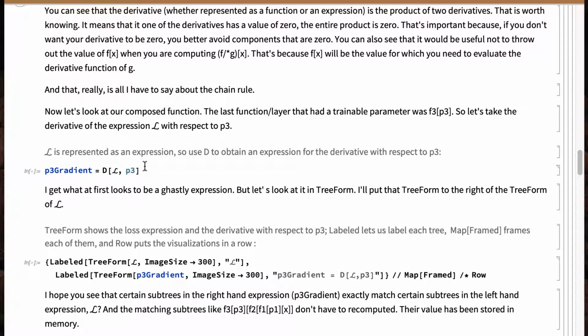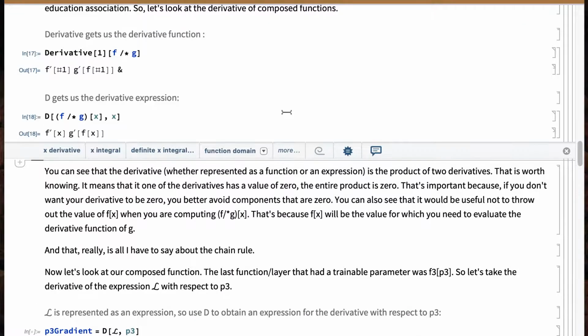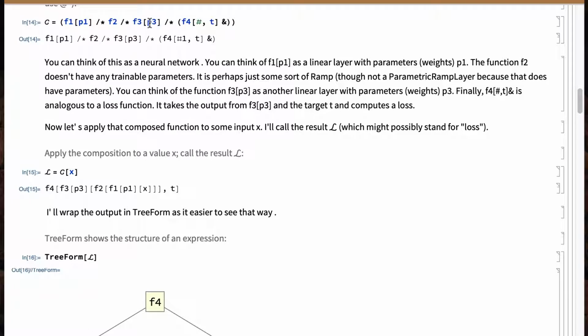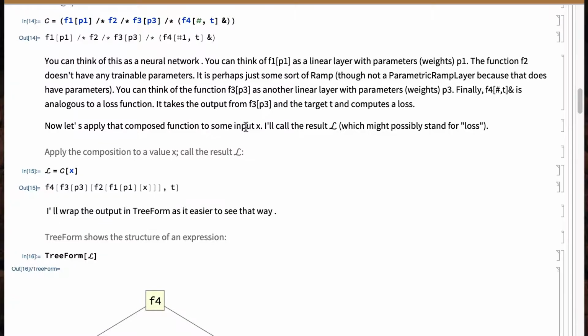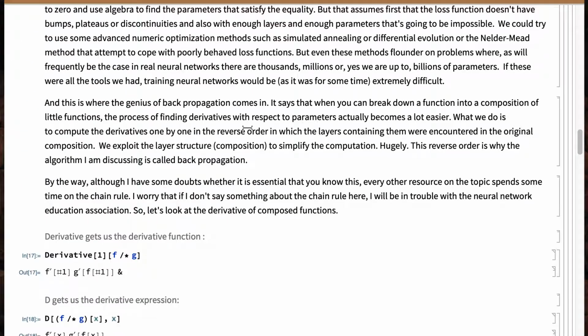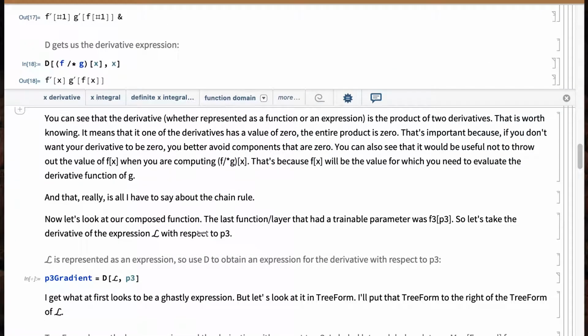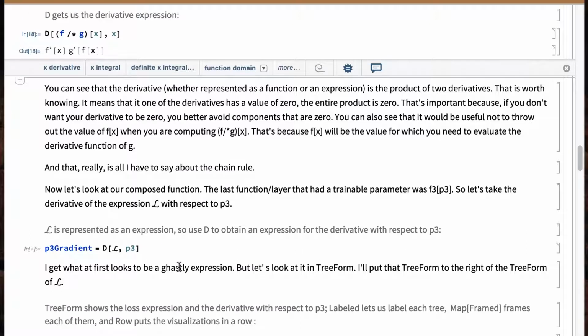Now, let's look at our composed function. And what I want to do is, remember what the last layer of it was? The last layer that had a trainable parameter was f3 of p3. So let's take the derivative of our function with respect to p3. Okay, L is an expression, it's not a function, so I'm going to use d to do this.